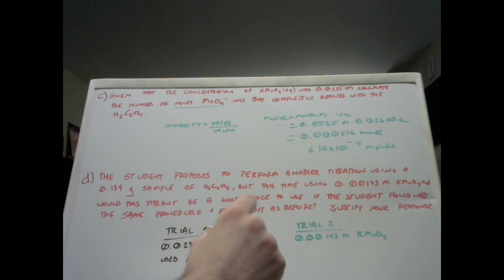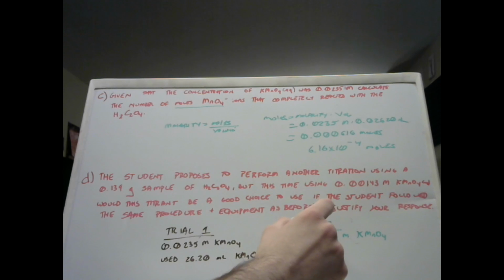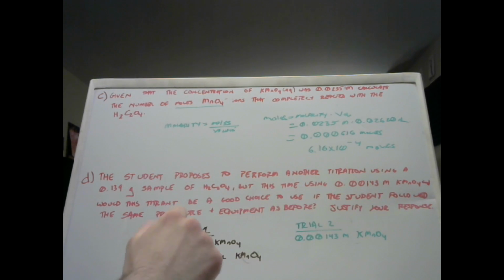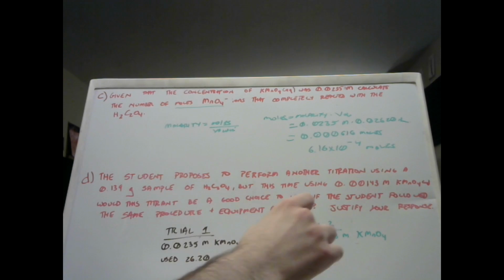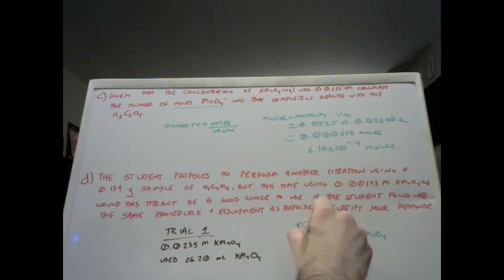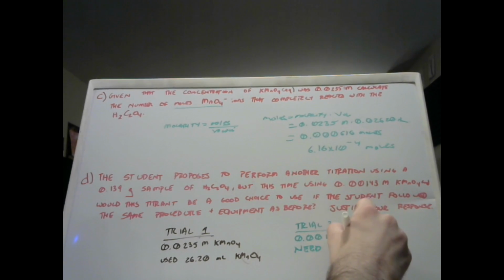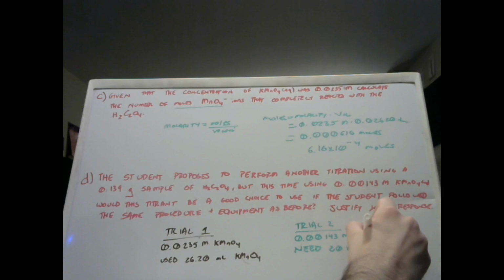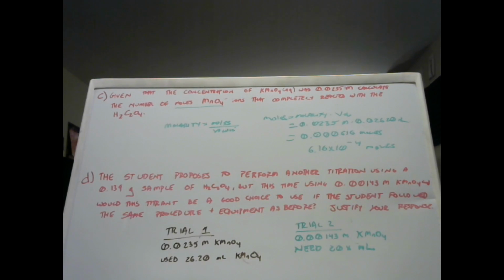The next trial, they want to not only move over, add an extra zero in front, they want to go down. This is roughly, quick, easy math, going from 0.02 to 0.001, 1/20th of the amount, which means you're going to need 20 times the milliliters. 20 times 26, rough, bad math, puts that over 400. 20 times 20 is 400.